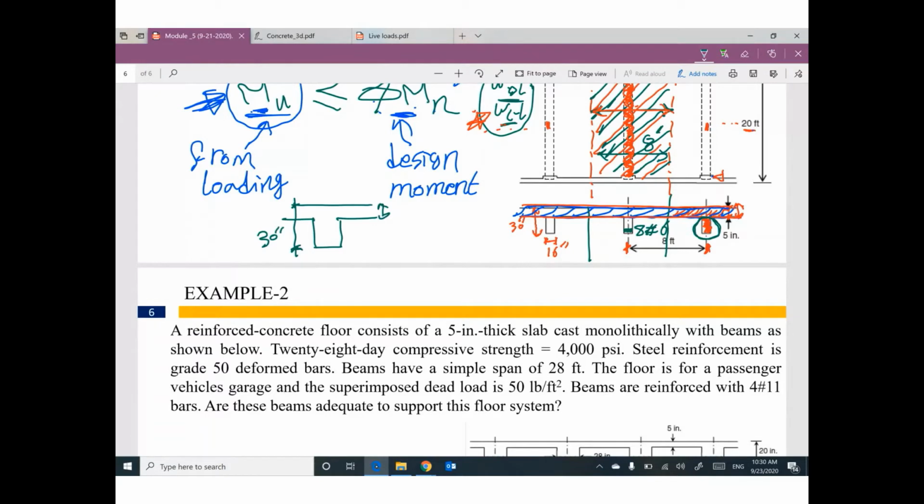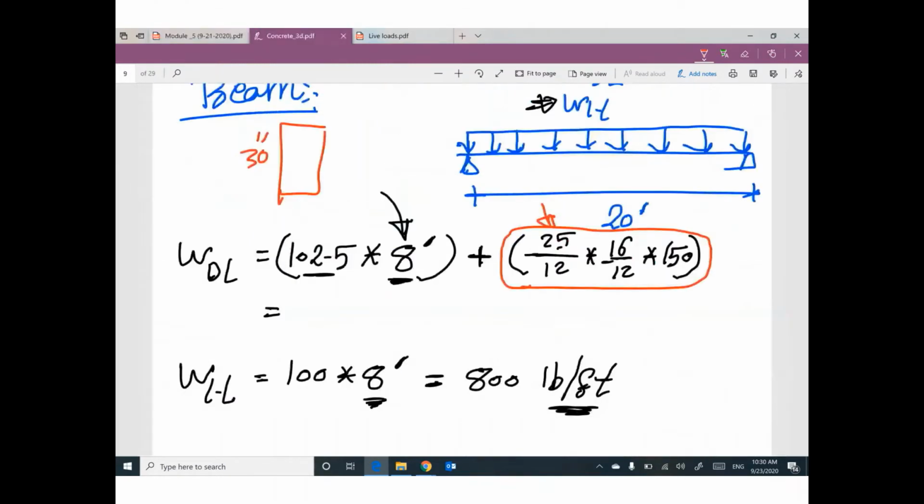So the remaining part of the beam, which is not included until this moment, will be this one, which is 16 times 25. And remember these numbers are in inch, so I have to divide them by 12, and then multiply by gamma concrete. So if you add this part plus the dead load coming from the slab, I included every dead load on the beam.